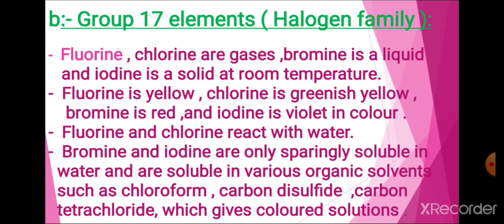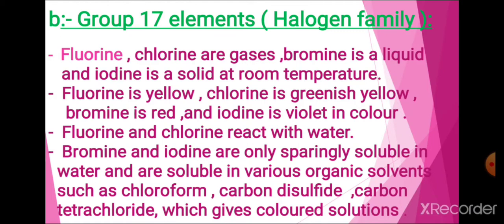While in the case of chlorine, the atomic size is greater than fluorine. The lone pairs are at a larger distance and the repulsion is negligible. Thus, the chlorine-chlorine bond is comparatively stronger and the bond dissociation enthalpy of chlorine is greater than fluorine.